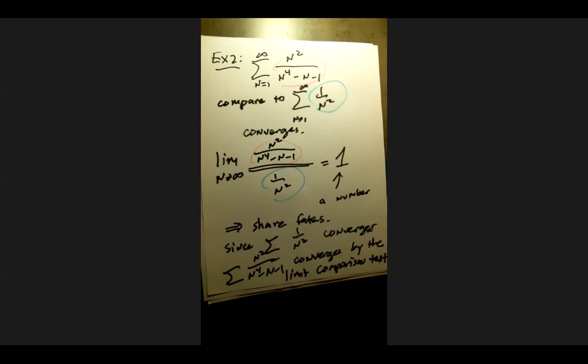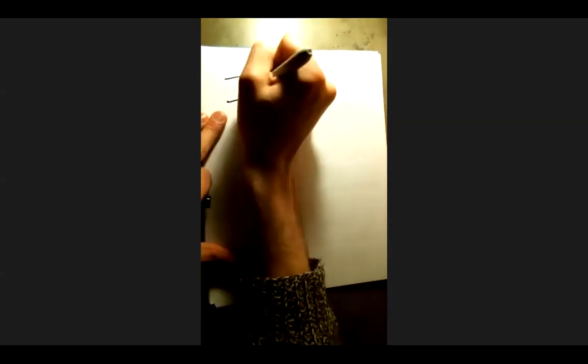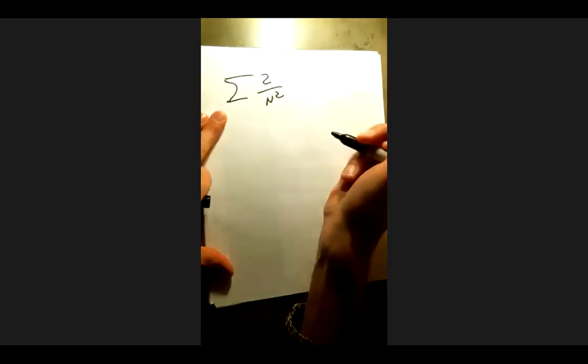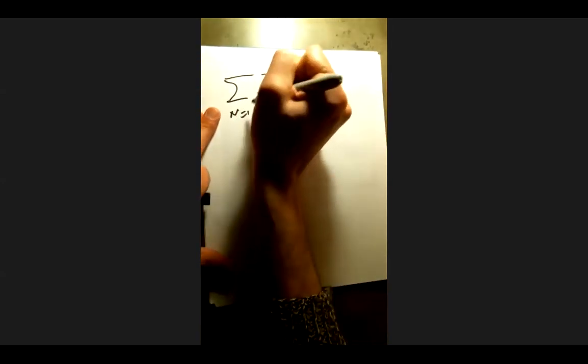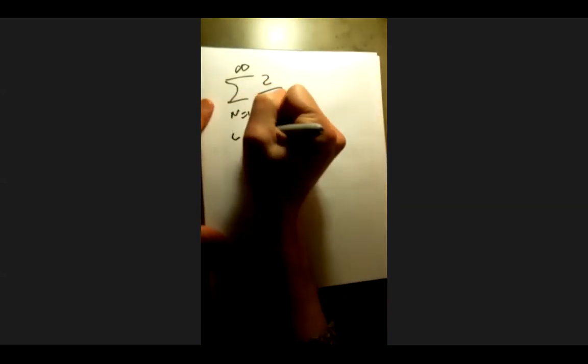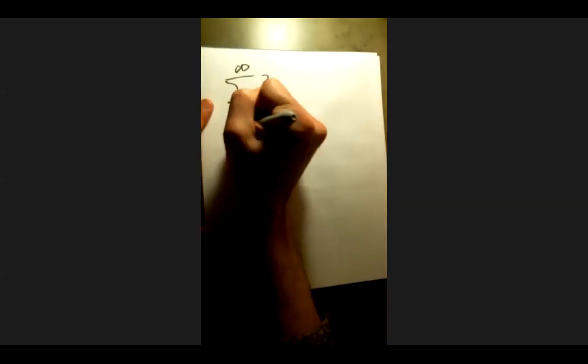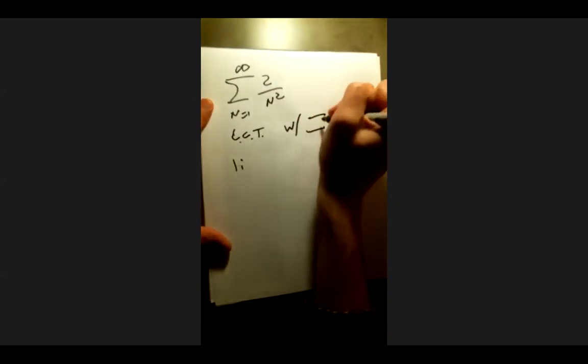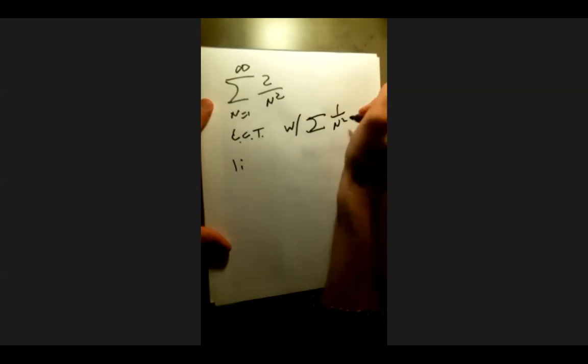Not necessarily. So, for example, let's do a super simplistic example. Suppose we have the sum of 2 over n squared from n equals 1 to infinity. And suppose we decide we want to do a limit comparison test, LCT, and I want to do this with 1 over n squared.